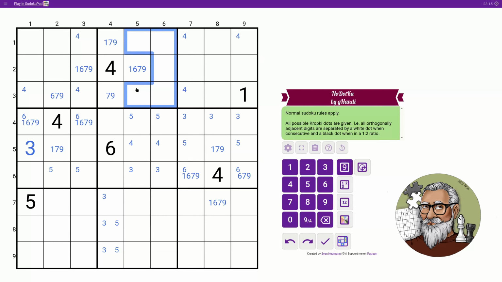I don't know. I was thinking, where can I put 6, but I don't see a problem with any of them, right? There are 2 5s, so sure, the 6 would eliminate 5 here, and would make this 1, 1, 9.